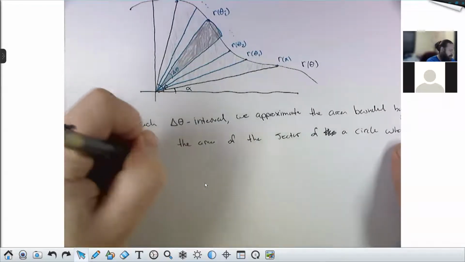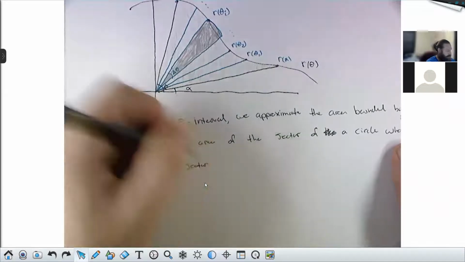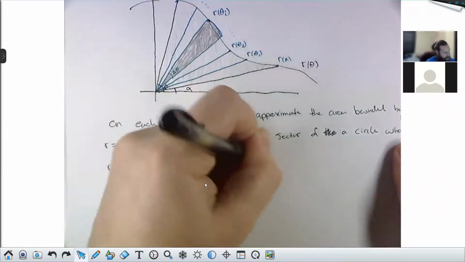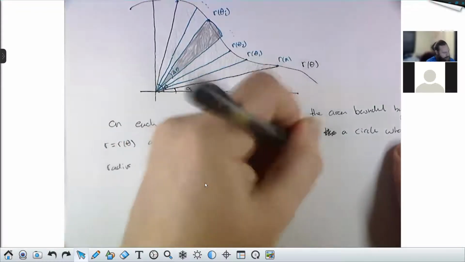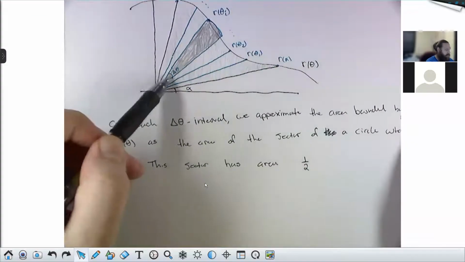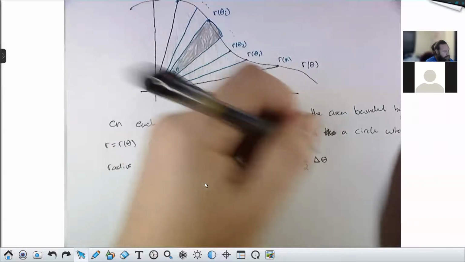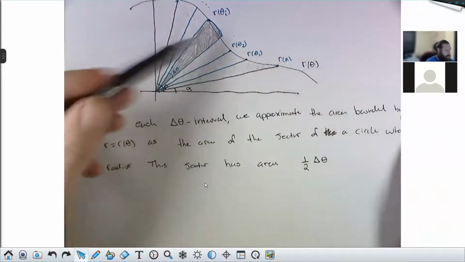This sector has area 1/2 times the angle inside the sector, which is delta theta, times the radius of the sector.